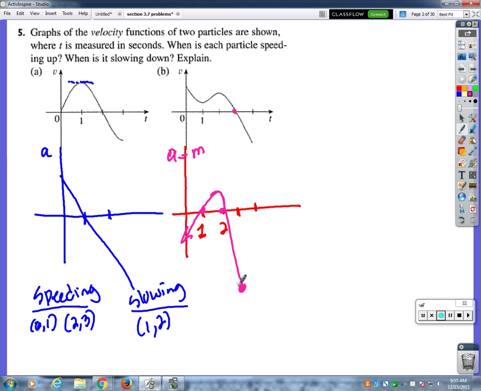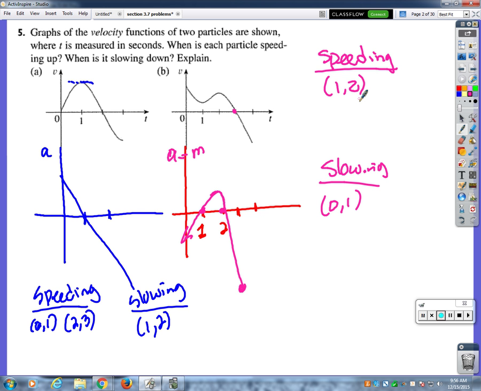Yeah, I was really proud when I thought of that. So from 0 to 1, they're opposite, so they're slowing down. From 1 to 2, they're both positive, so they're speeding up.